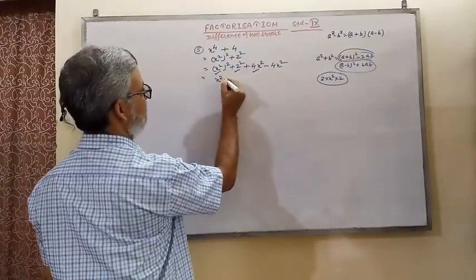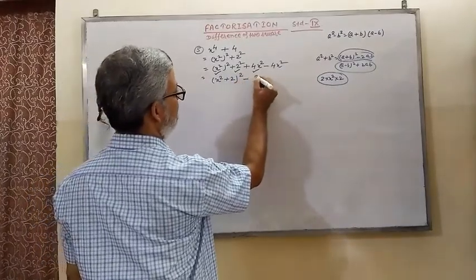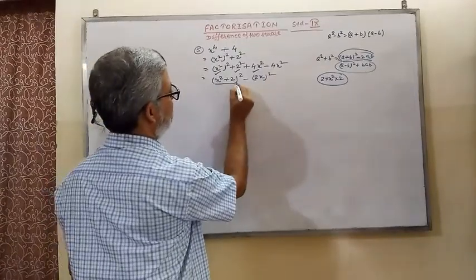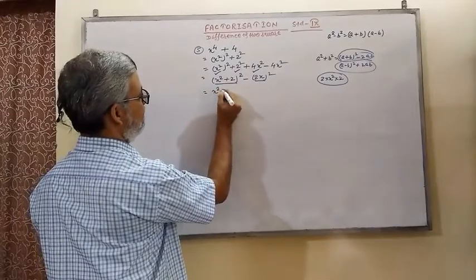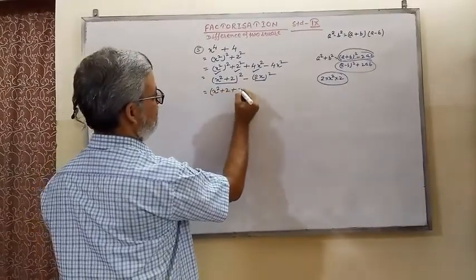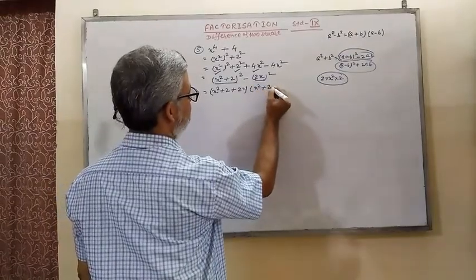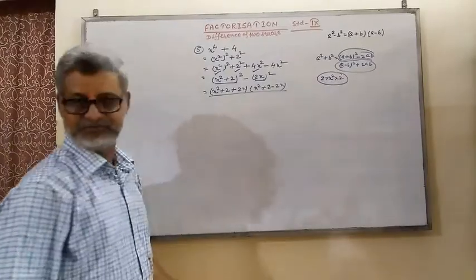So this can be written as (x square plus 2) whole square minus (2x) whole square. Now you see it is in the form of a square minus b square, so (a plus b) into (a minus b). It is factorized.